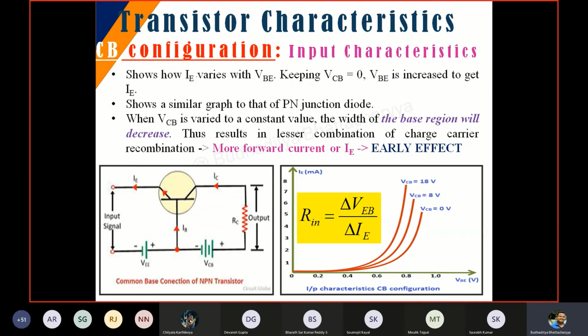In the case of the CB configuration, the input you are looking at is VBE, the base to emitter voltage. You can see over here, I'm marking it. The output is the VCB, the collector to base voltage.